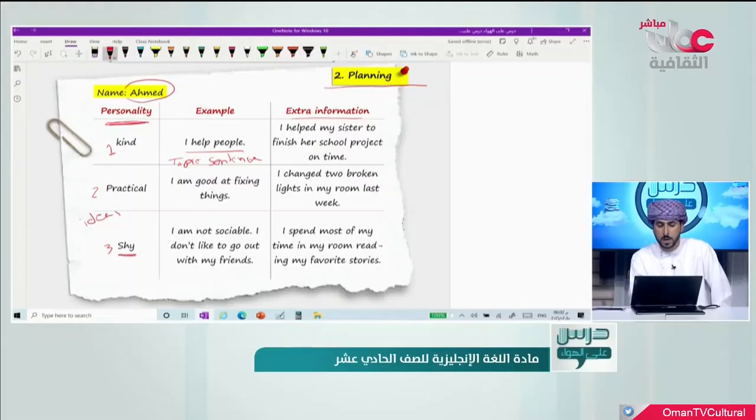He's shy. I'm not sociable. I don't like to go out with my friends. This is the topic sentence. So here we have more extra information: I spend most of my time in my room reading my favorite stories.